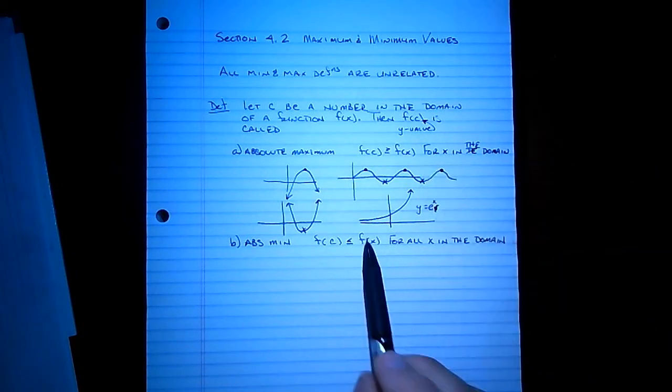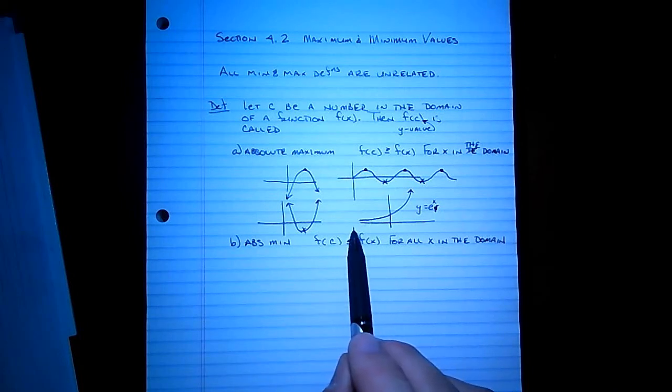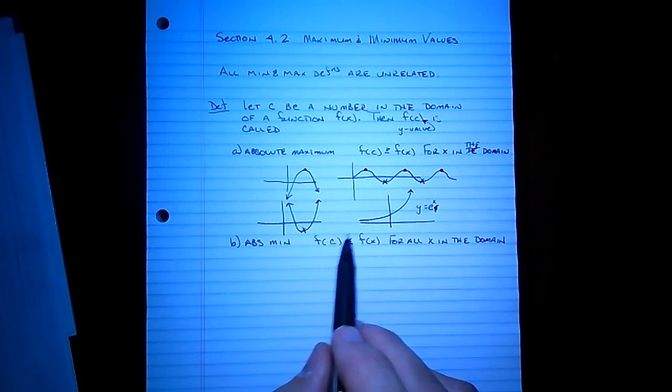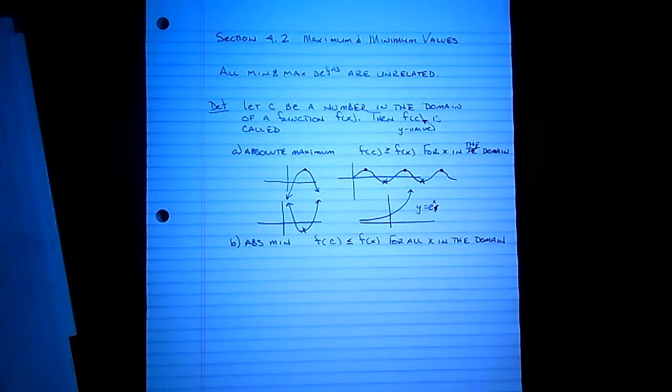Nor does it have an absolute min, because if you look at the graph, yes, it has a horizontal asymptote at 0, but it never hits 0. So this graph never has an absolute min.